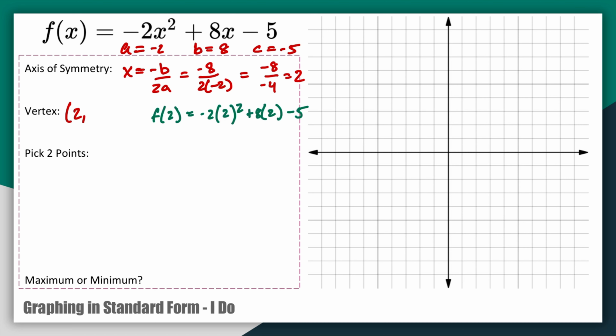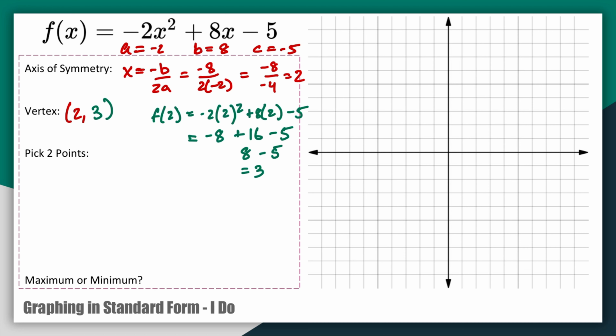But order of operations, this exponent comes before the multiplication. So I'm going to do 2 squared, which is 4, and then 4 times negative 2 is negative 8, plus 16 minus 5. So negative 8 plus 16 is 8. 8 minus 5 is 3. So we get (2, 3) as our vertex.